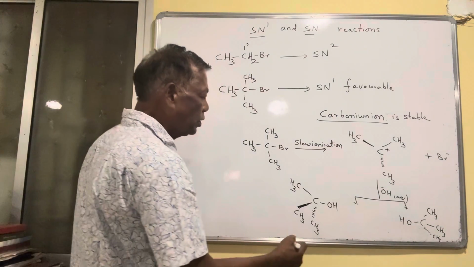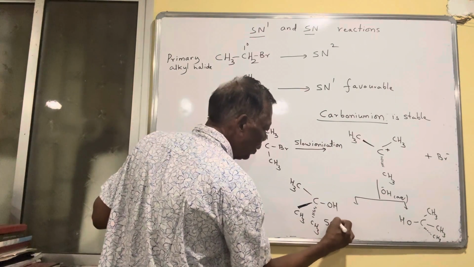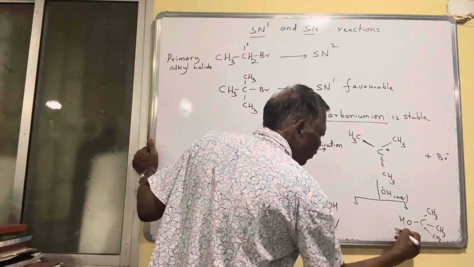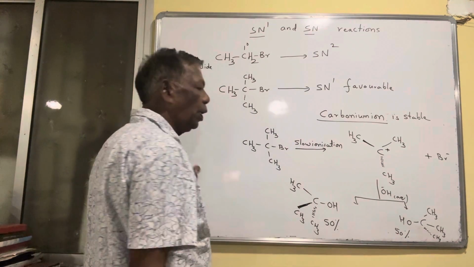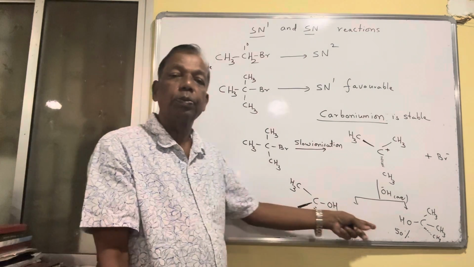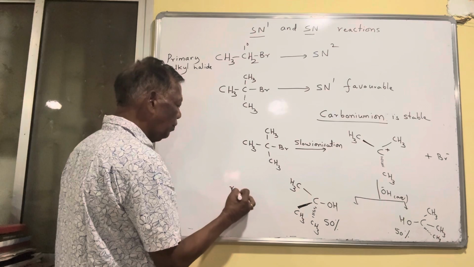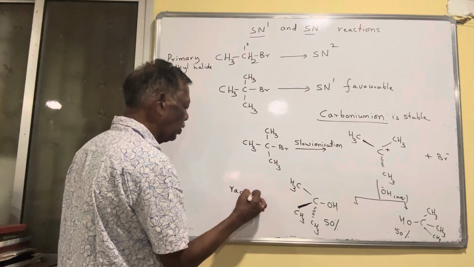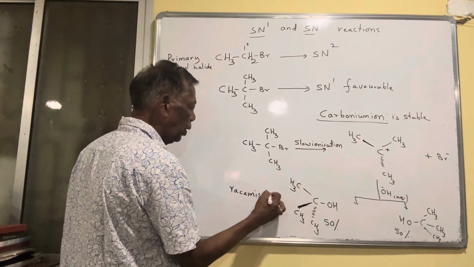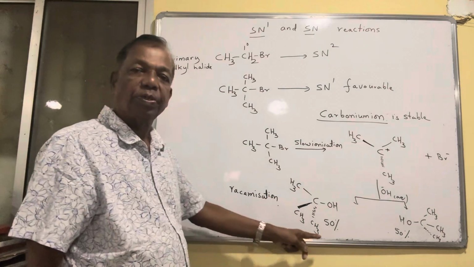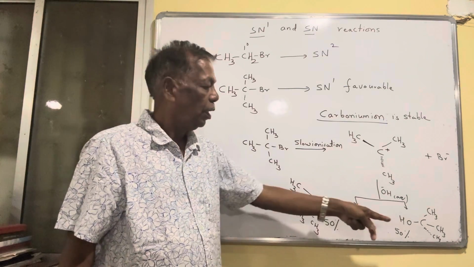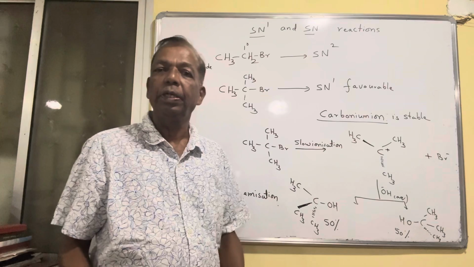Okay, now this is 50%, and this will also be 50%. All right. So this will lead to what is called a racemic mixture. I have explained that, and therefore SN1 reaction always gives you racemization, because there is 50% OH group to the right and 50% OH group to the left.